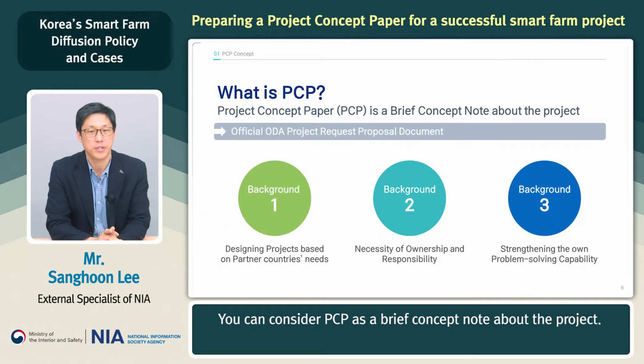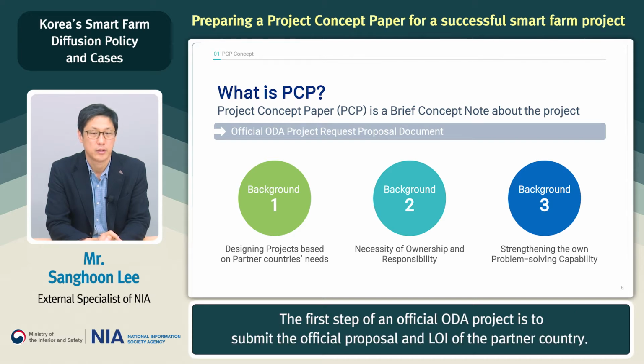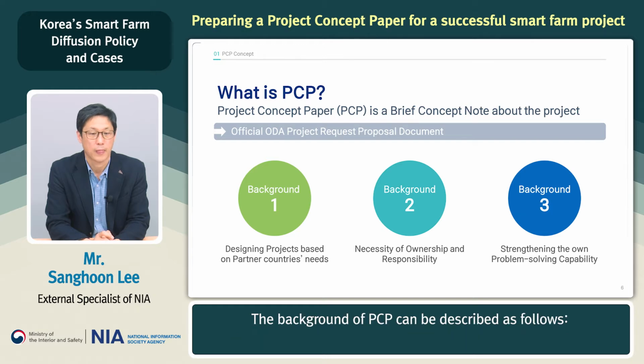You can consider PCP as a brief concept note about the project. The first step of an official ODA project is to submit the official proposal and the LOI of the partner country. The background of PCP can be described as follows.